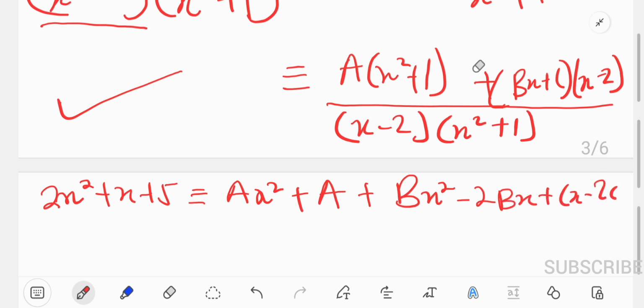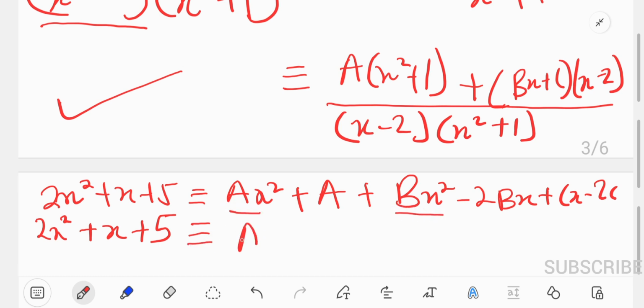Okay, when you get to this side, it's just a matter of expansion. Just expand the brackets. Okay, so we group like terms. There's an x squared, another x squared, so we put them in one bracket. This is an x, this is an x, also put them in one bracket.